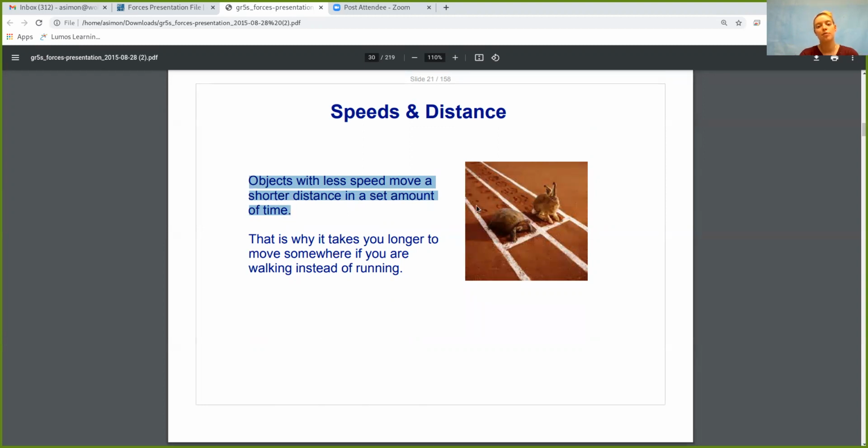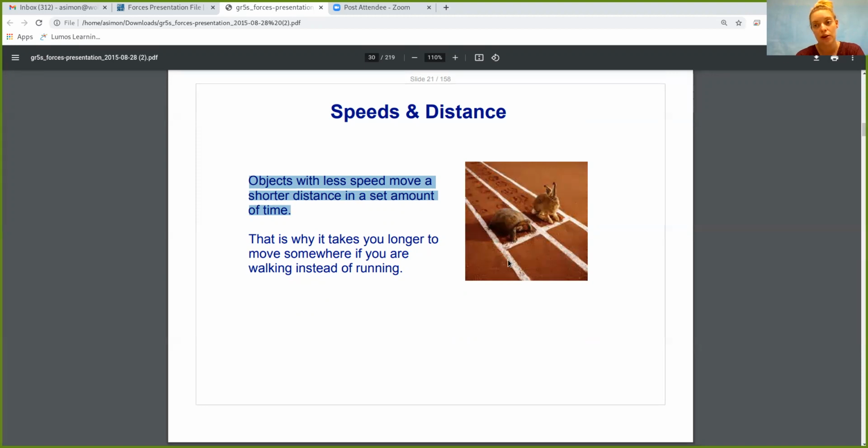Because when you're walking, you're moving at less speed. And in this picture, I'm sure you've heard the story of the tortoise and the hare when you were a little kid. The tortoise ended up winning because we learned the theme of slow and steady wins the race. But I'm not here to crush your childhood dreams: in reality, the tortoise didn't win. The hare won because the hare is going at a greater speed, so the hare is covering a greater distance.